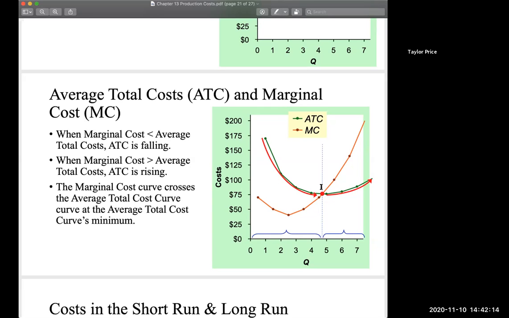So this intersection point between the marginal cost curve and the average total cost curve. And basically what that's saying is that when the marginal cost curve crosses the average total cost curve, so at this point right here, that's when you know that average total costs are at their lowest possible point. Did that answer your question? Yes, thank you.